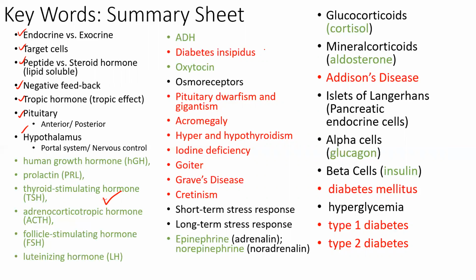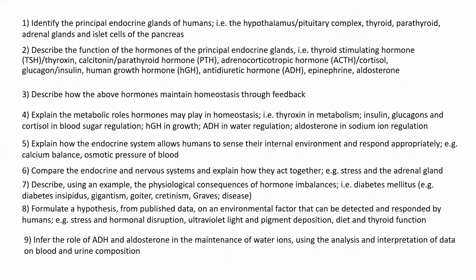Here are some diseases that we've gone through and effects on them, okay, and the related hormones, okay? So go through that one last time. Read through these, be able to answer these questions, okay? And I'm not going to get you to hand these in. I just want you to be able to know those.